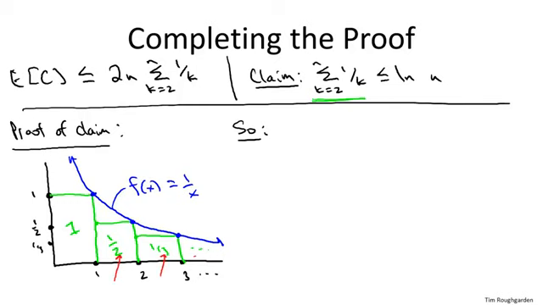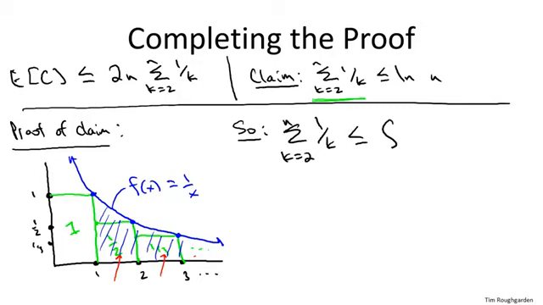So this sum can be thought of as the areas in these rectangles, the 1/2, the 1/3, and so on. And we're going to upper bound it by the area under the blue curve. So you notice the area under the blue curve is at least as big as the sum of the areas of the rectangles, because the curve hits each of these rectangles in its northeast corner.